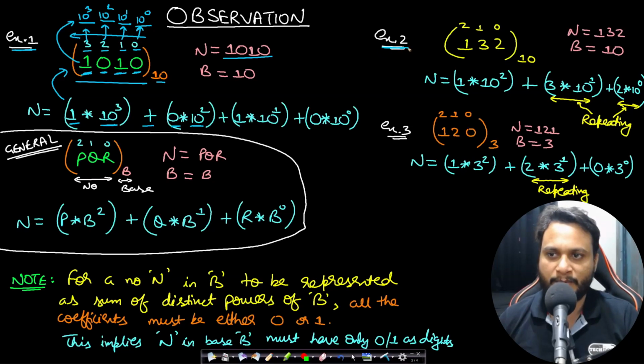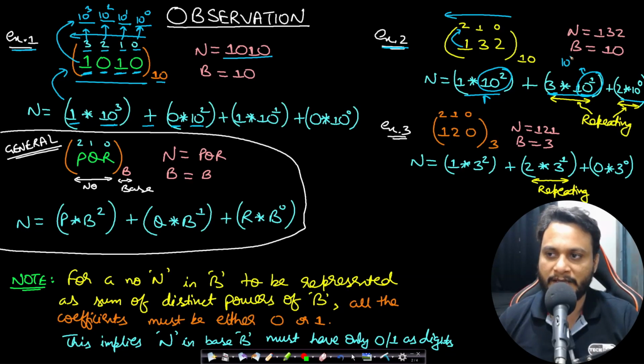Now if you look at example number 2, here we have 132 and these are the given positions, and again using the same idea you can say 1 times 10 to the power of 2 plus 3 times 10 to the power of 1 plus 2 times 10 to the power of 0. In this case, 1 times 10 to the power of 2 means that 10 to the power of 2 is included one time, while 3 times 10 to the power of 1 means that 10 to the power of 1 is included 3 times.